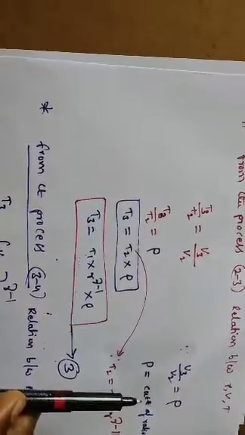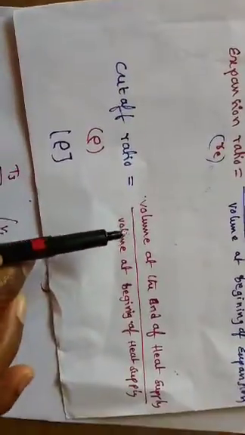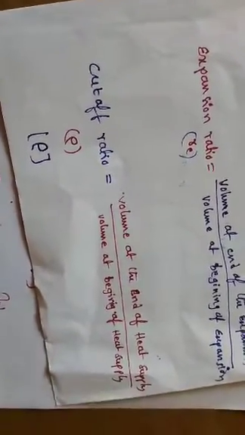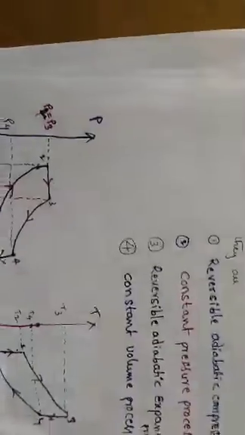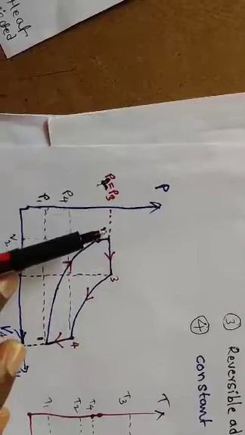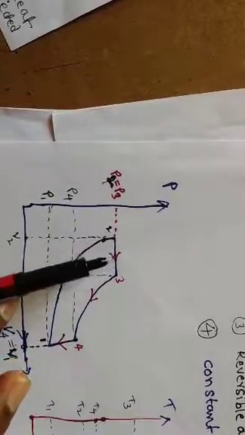So what is the cutoff ratio? See once again, here we have a formula for the cutoff ratio: volume at the end of the heat supply to volume at the beginning of the heat supply. If you observe the PV diagram, in the 2 to 3 process we are supplying heat.